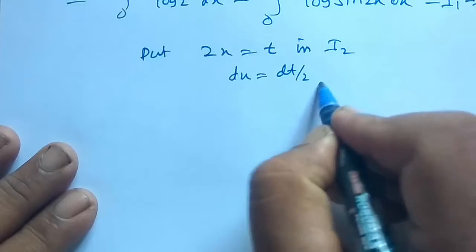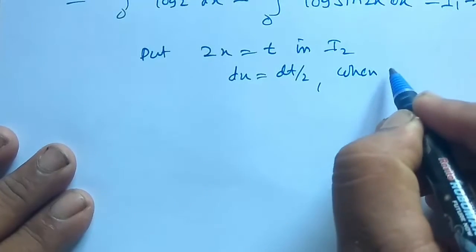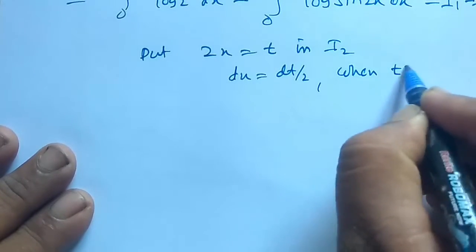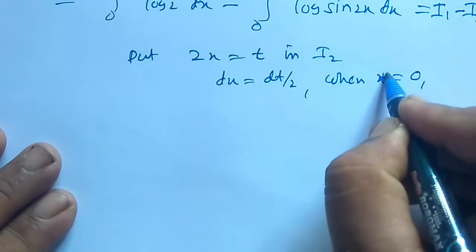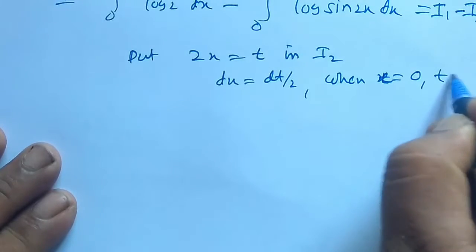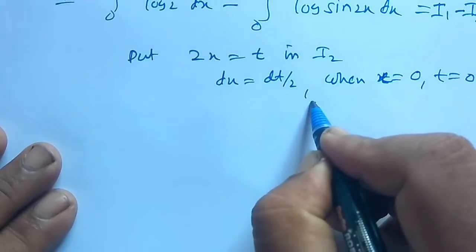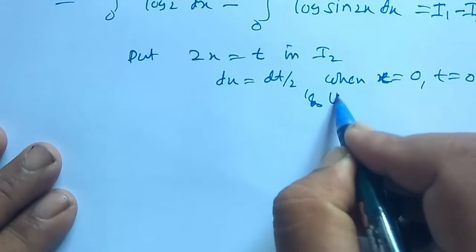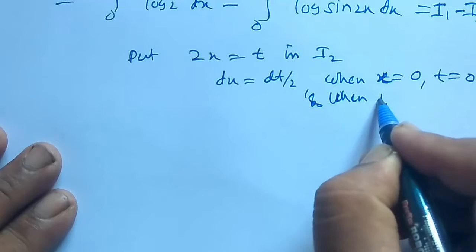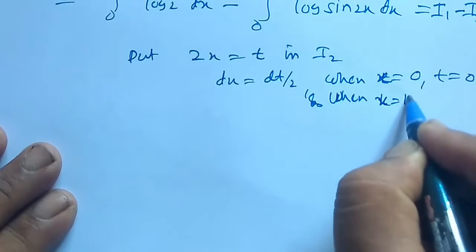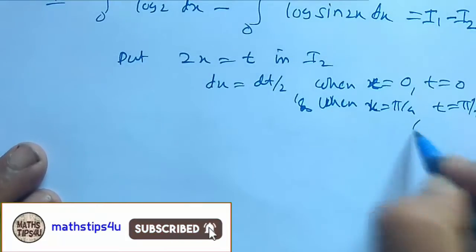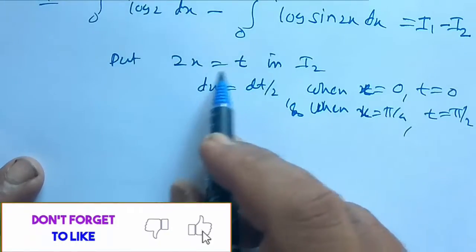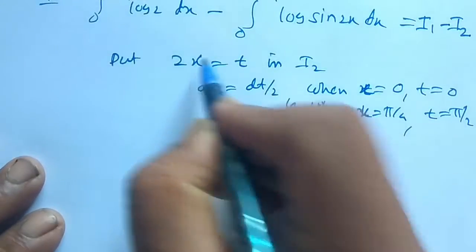The limit is also changed. When x is equal to 0, t is equal to 0, and when x is equal to pi by 4, t is equal to pi by 2, since t is twice of x.